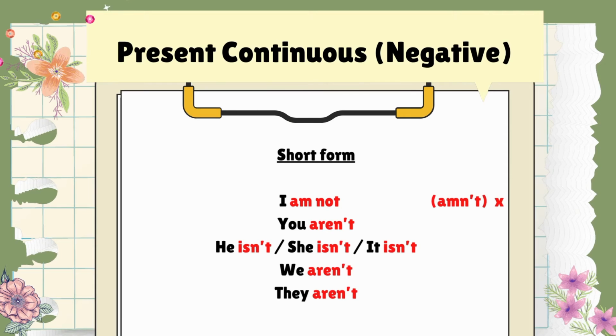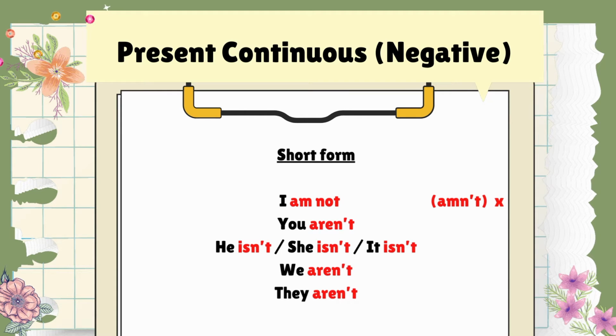Now let's take a look at the short form. For I am not, there is no short form. It cannot be I'm not contracted as amn't; amn't does not exist. It will be the same as the full form: I am not.